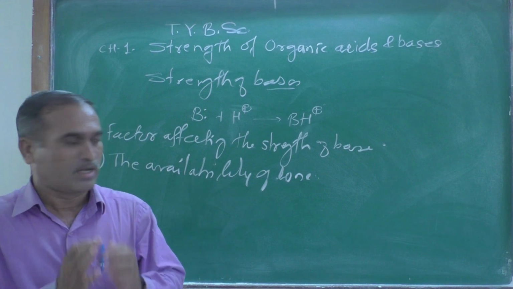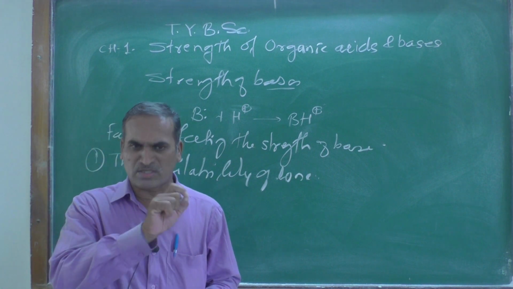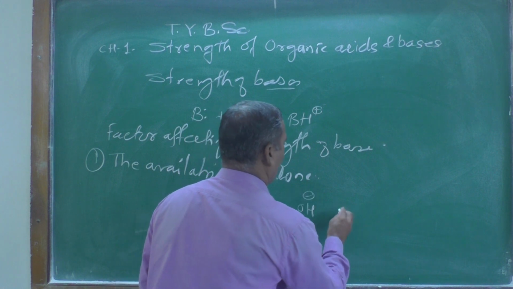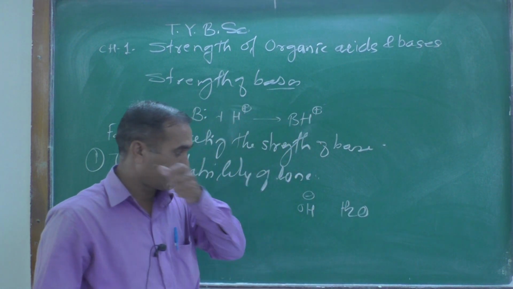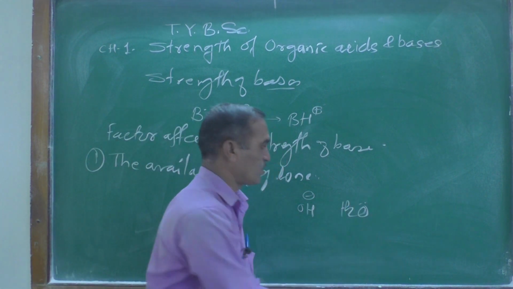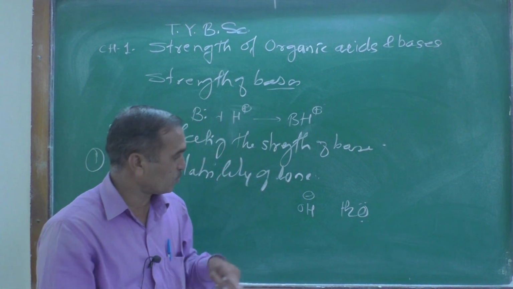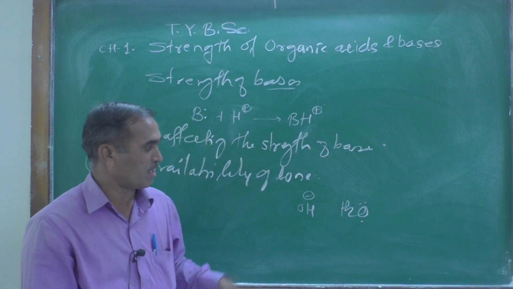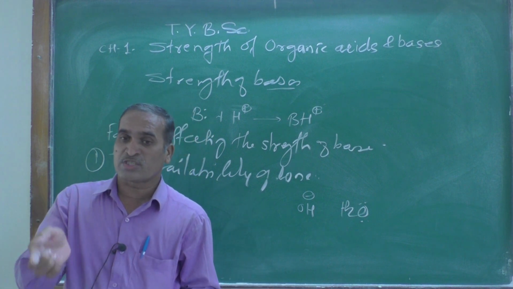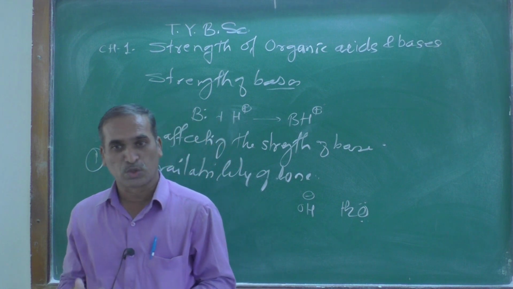What does availability of the lone pair mean? Let me give you the simplest example. Suppose we have OH minus and the water molecule H2O. Water is a neutral molecule containing 2 lone pairs. According to you, which one is more basic in nature? In general, those species carrying a negative charge are more basic than the neutral molecule.